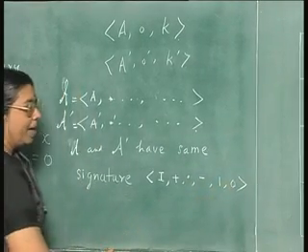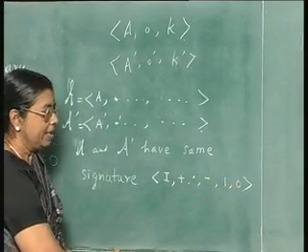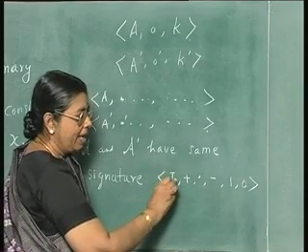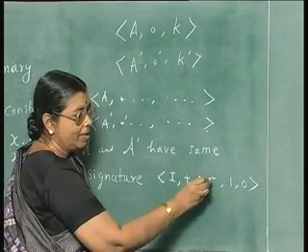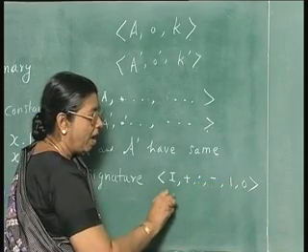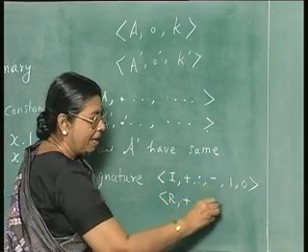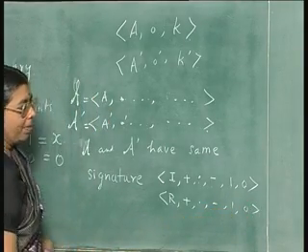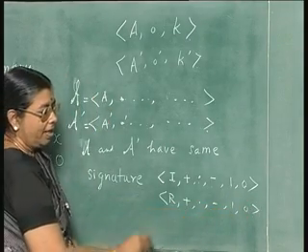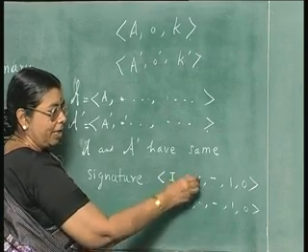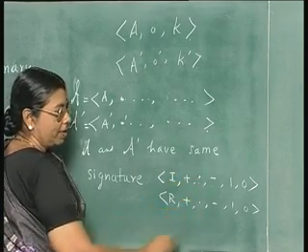This is an algebra where the carrier is I, 2 binary operations, 1 unary operation, 2 constants. If you take R, plus, dot, minus, 1, 0, this again has the same 6 components. This is the carrier, 2 operations, both are binary corresponding to this, 1 unary operation, 2 constants, and so on.